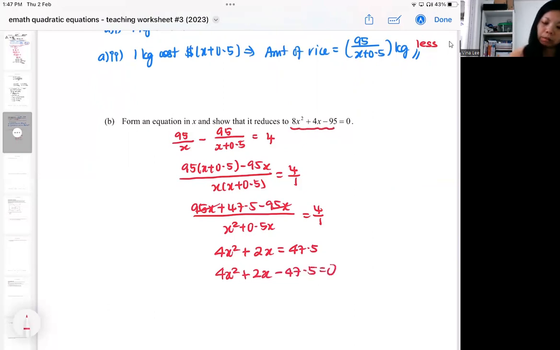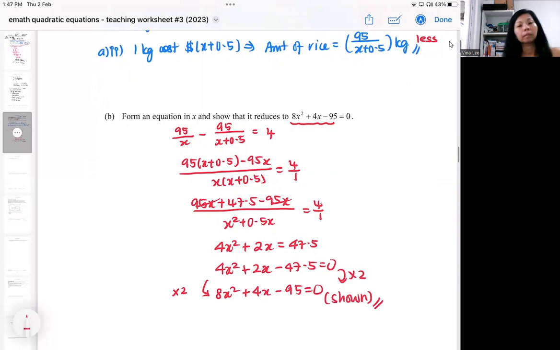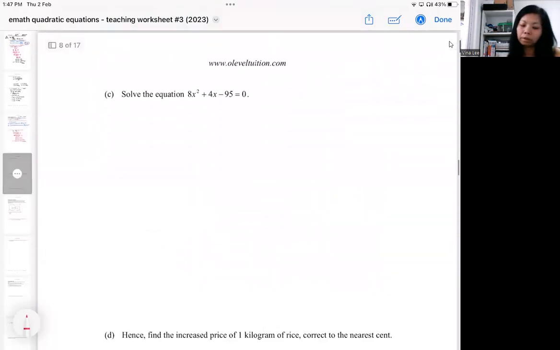Can you see we wanted 8x, but currently I'm having 4x. So in such a case, you multiply by 2 so that we can achieve what the question wants. Okay, then we are going to solve again.